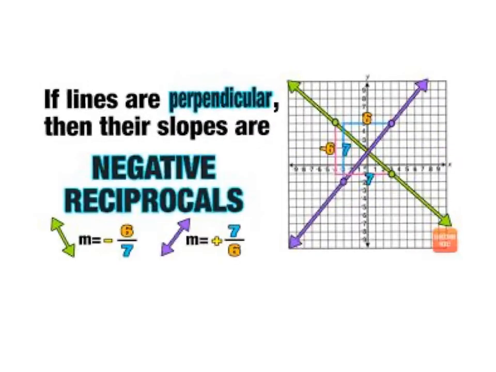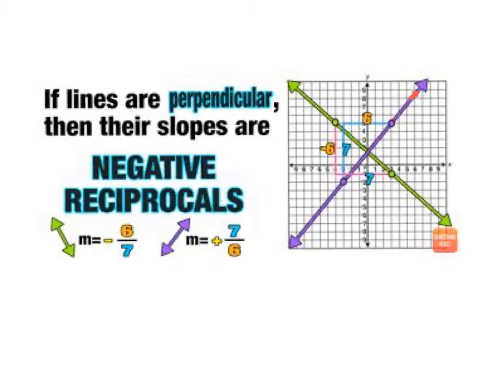All right. Now, when lines are perpendicular, their slopes are what we call negative reciprocals, or we could say opposite reciprocals. So if this purple line is positive, as we move from left to right, it's moving up.